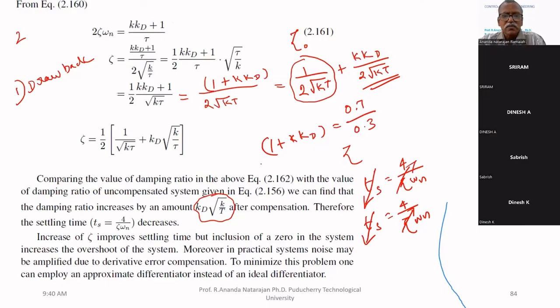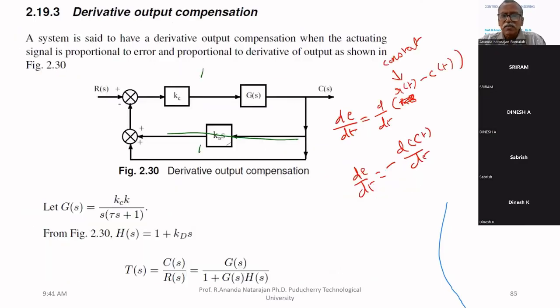So what we can do is, instead of amplifying error, we can amplify C, because most of the time r(t) is constant. de/dt can be written as d by dt of r(t) minus c(t). Since it is constant, if we differentiate this, it becomes 0. Therefore, de/dt equals minus dc/dt.